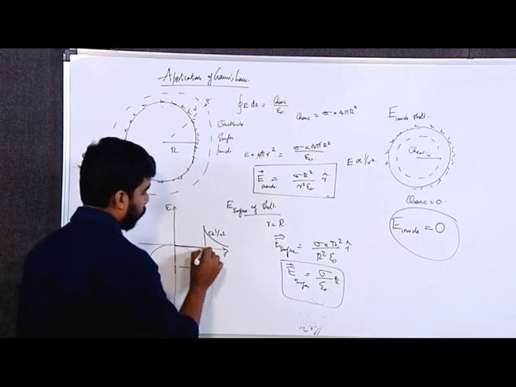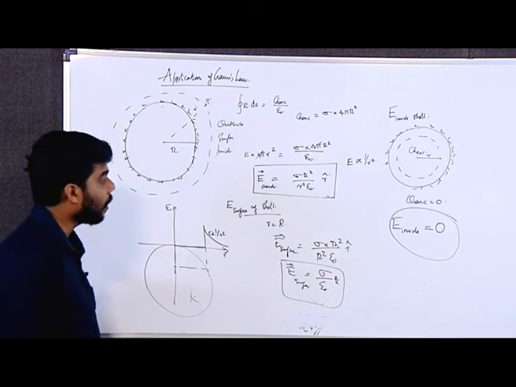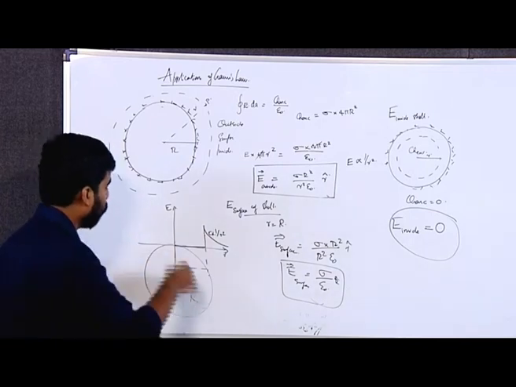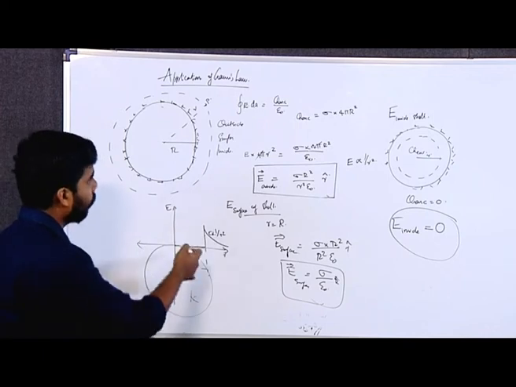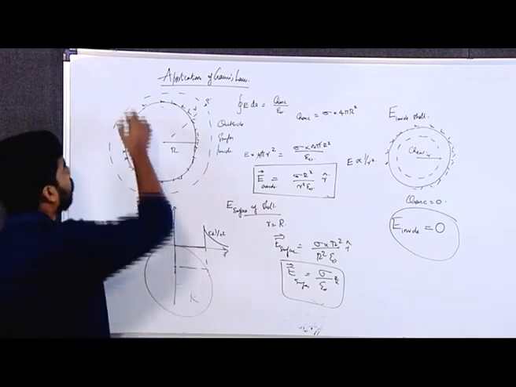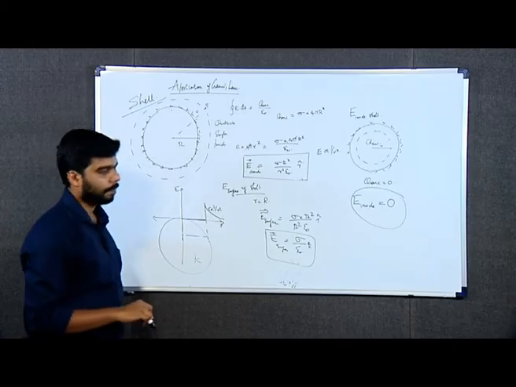So inside the shell the electric field is 0. This is the graphical representation of the variation of electric field with distance for a uniformly charged shell. This is for a uniformly charged shell.